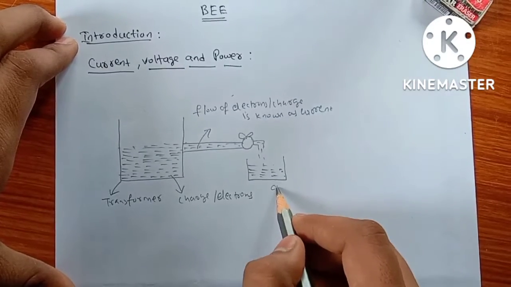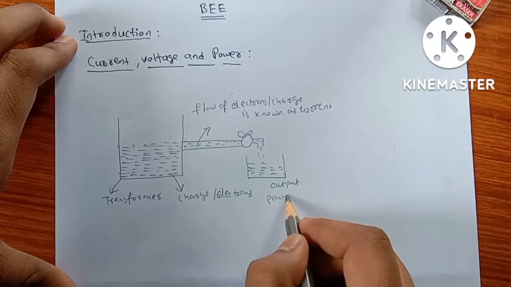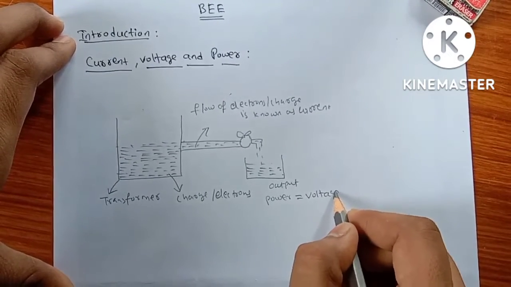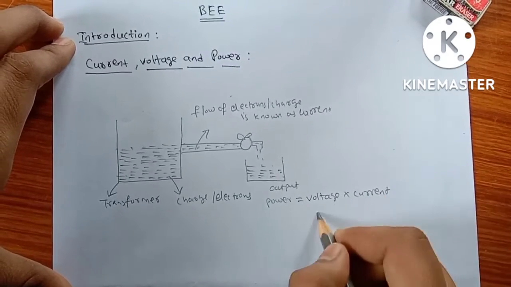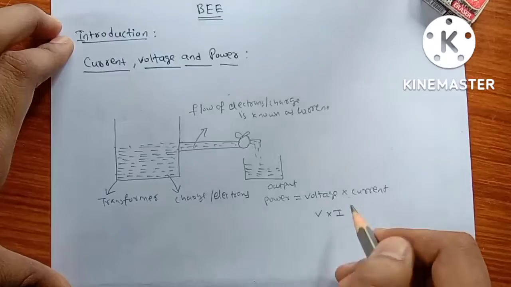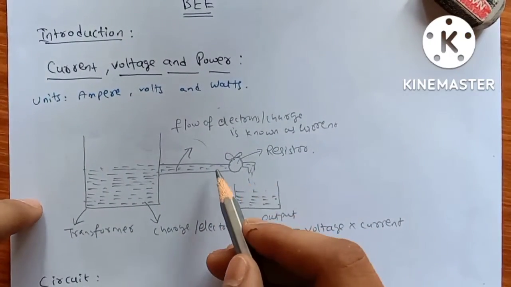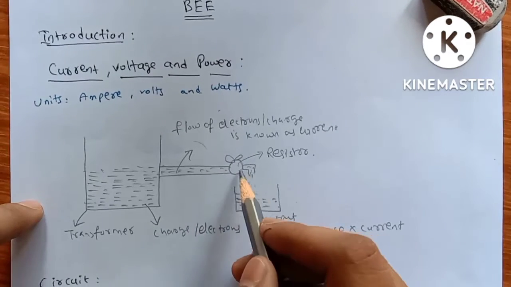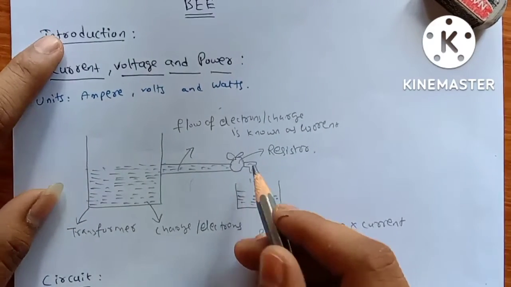Now this is output. Output is power, which is formed as voltage into current. Simply V cross I equals P. Here the speed of water with some speed, and after the pipe the speed of water with another speed.